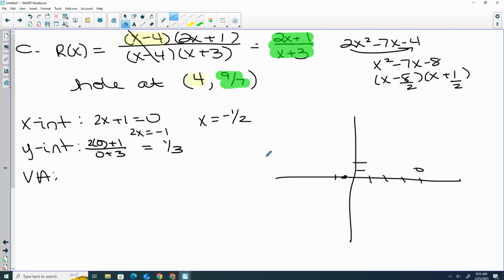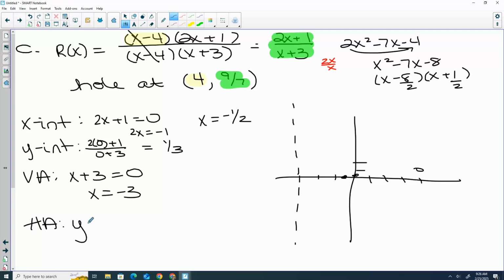And you get 1/3. Vertical, you set the bottom equal to 0. And we get -3. Horizontal or oblique, we divide our leading powers of x. It does not matter if you do the original or this reduced one. If I'm looking right here, I have 2x divided by x, which is 2. So my horizontal y equals 2.